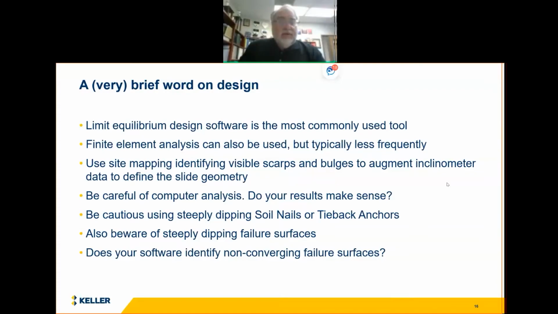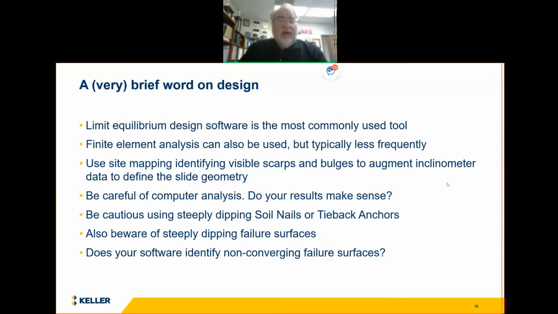One thing that I've noticed through the years about design is that sometimes, due to adjacent property lines, et cetera, people use very steeply dipping soil nails or tieback anchors. Sometimes the limit equilibrium software isn't able to handle that calculation very well.